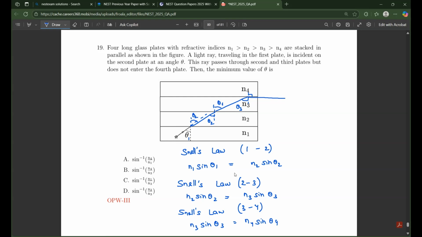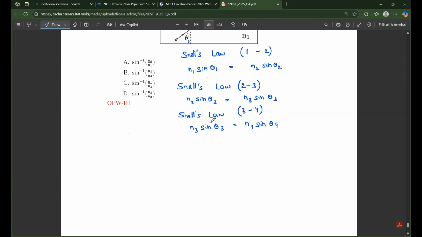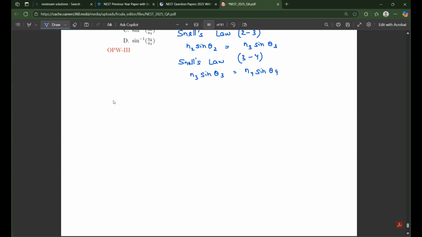So by this, we get to know that n1 sine theta 1 is equal to n2 sine theta 2, 2 is equal to 3, and 3 is equal to 4. So 1 will be eventually equal to 4. So we can write this as n1 sine theta 1 is equal to n4 sine theta 4, and theta 4 is 90 degrees, sine 90 is equal to 1.